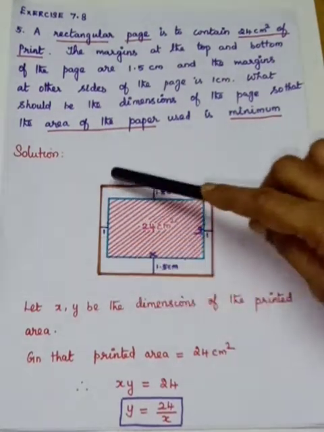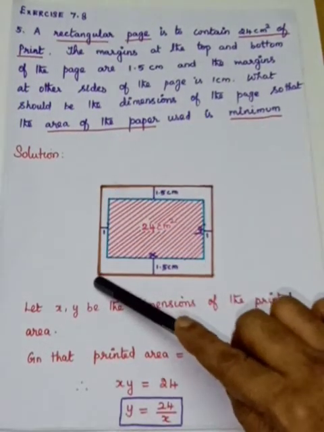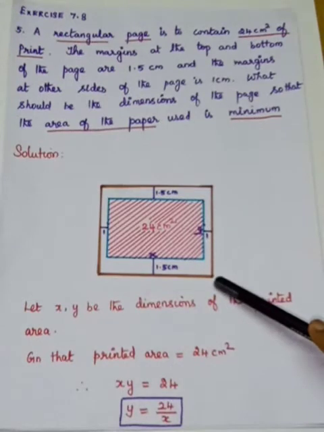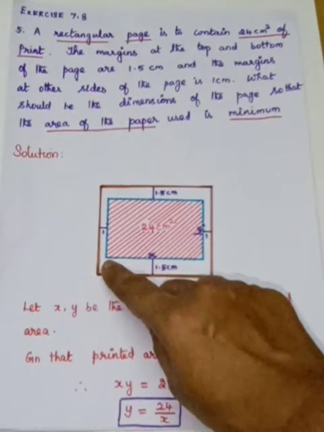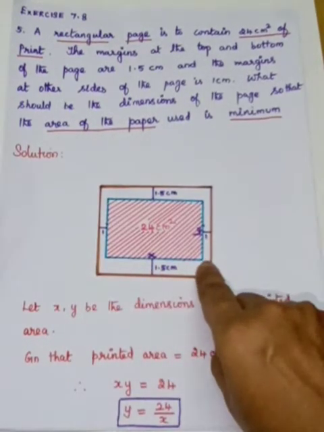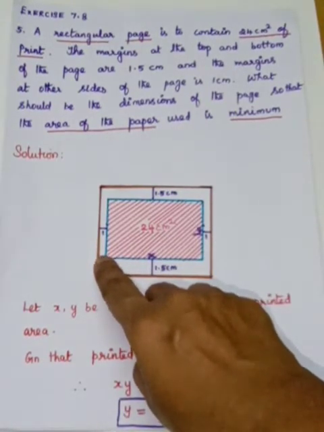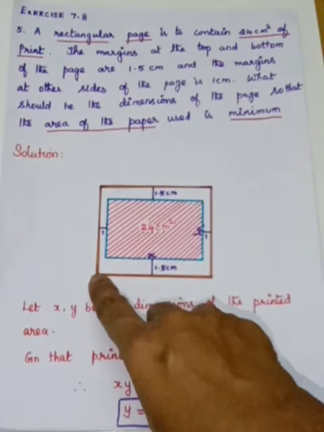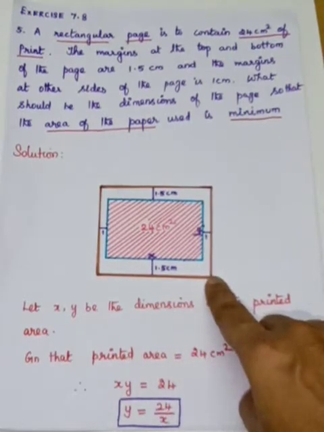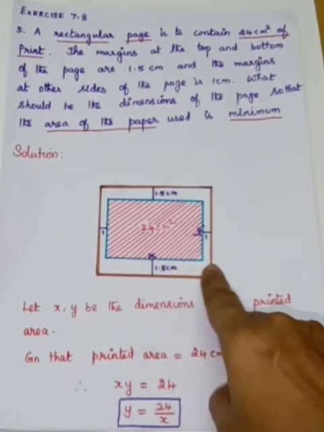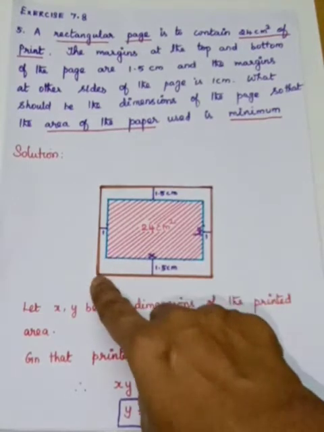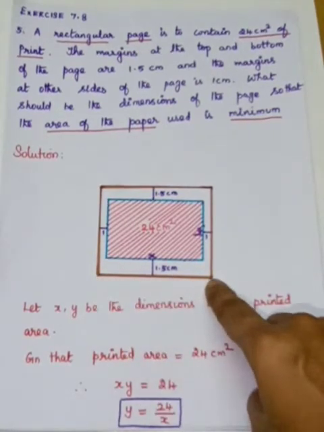The whole page length starts from here to here. So this distance is x. You have to move here 1 centimeter, and from here also 1 centimeter. So this length is x plus 1 plus 1. So the length of the page is x plus 2.